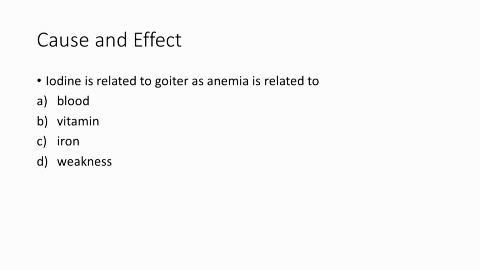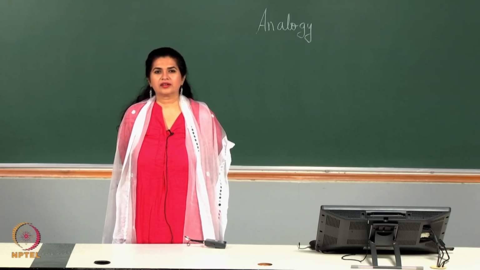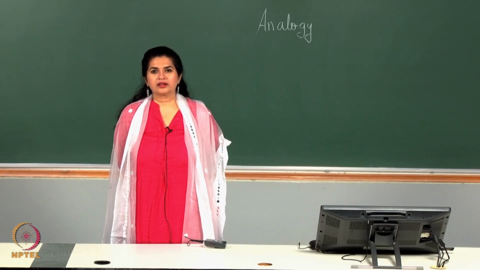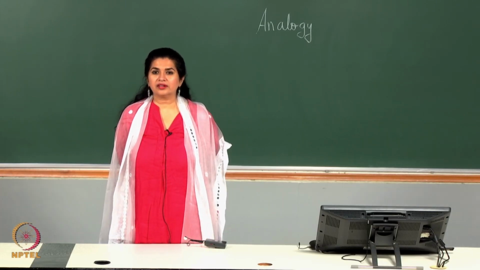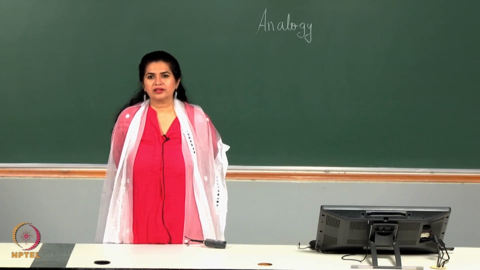Lack of iodine leads to a disease called goiter, right? So, then lack of what thing will lead to anemia? The correct response is option C, which is iron. As we were talking, deficiency of iodine results in goiter and deficiency of iron results in anemia.